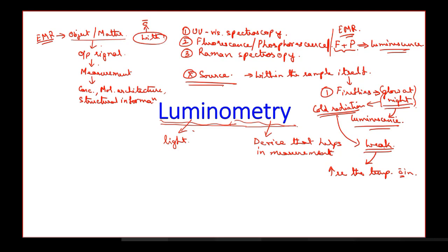So the cold radiation is regarded as such because the intensity of the radiation is so weak that it does not increase the temperature within the biological system, and hence it does not interfere with the biological activity.